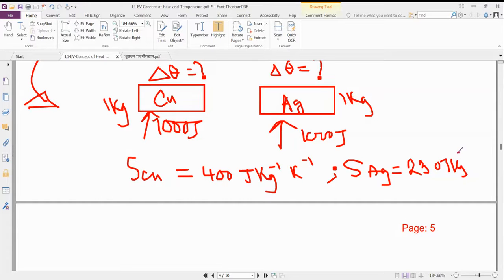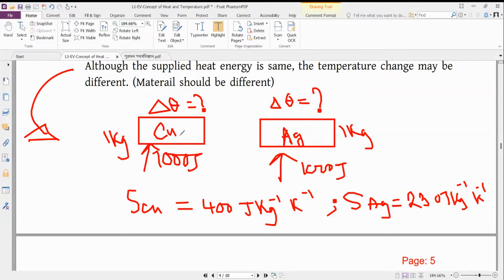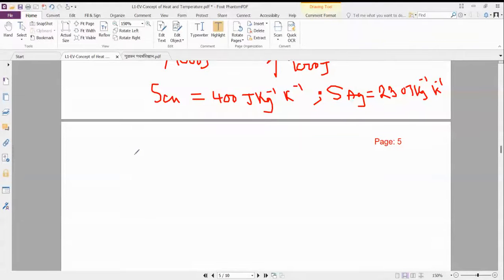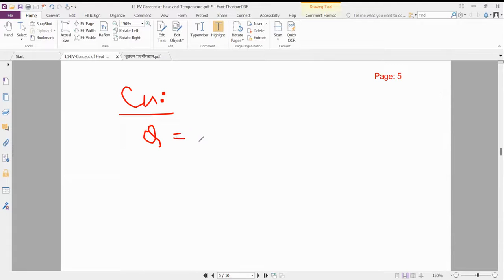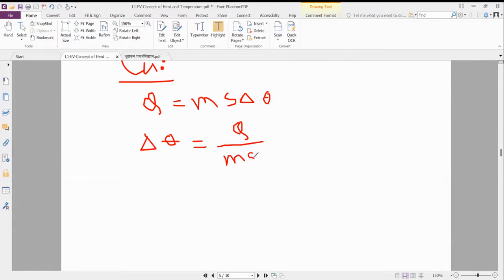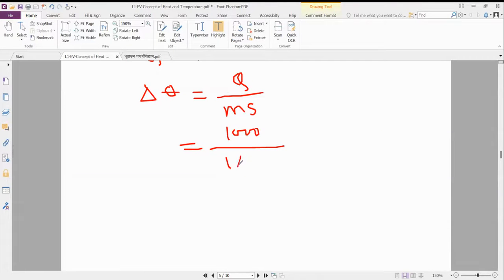Okay, so by utilizing this information, we can calculate the temperature change for copper and the temperature change for silver. Let us take temperature change for copper first. We know that Q equals m s del theta. So by rearranging this equation, we have del theta equals Q by ms, right? Q here is 1000, mass is 1 kg, but only the specific heat is different.